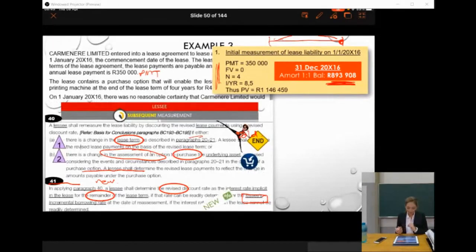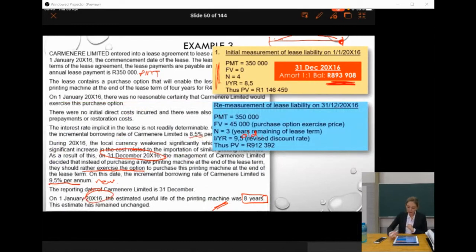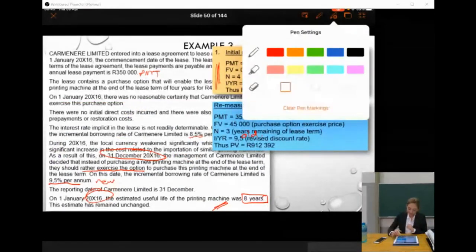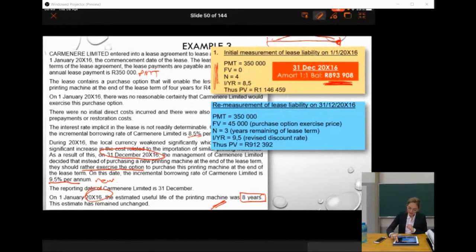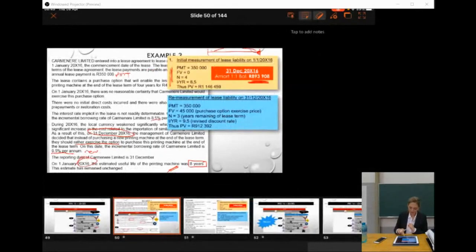Okay, so we now know for the option to purchase that we have to use the new interest rate over the remainder of the lease term.